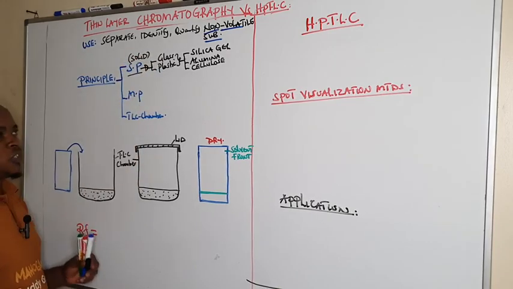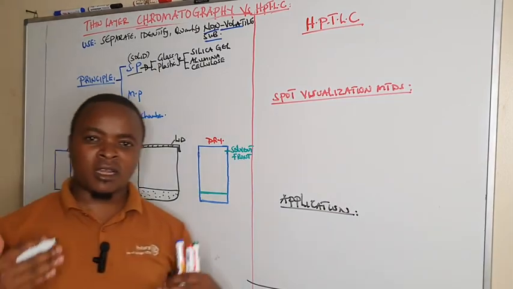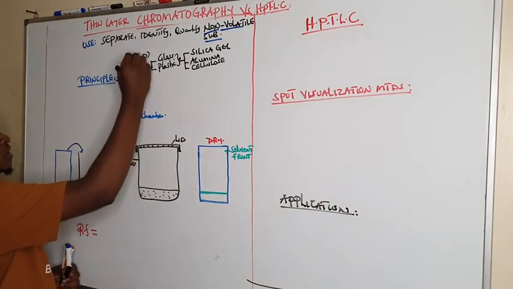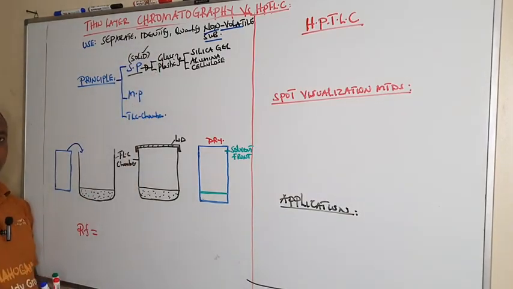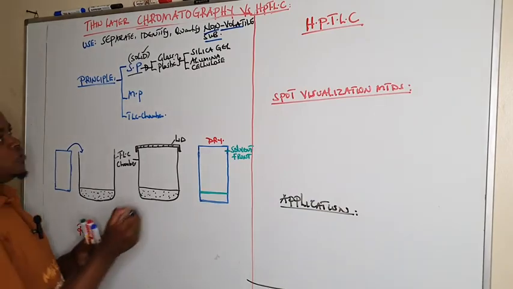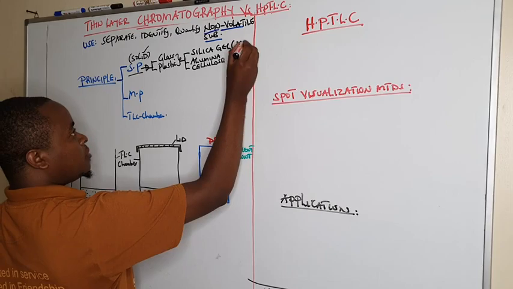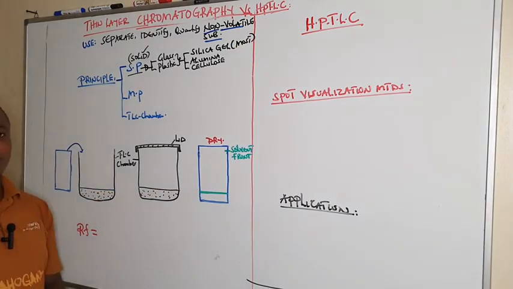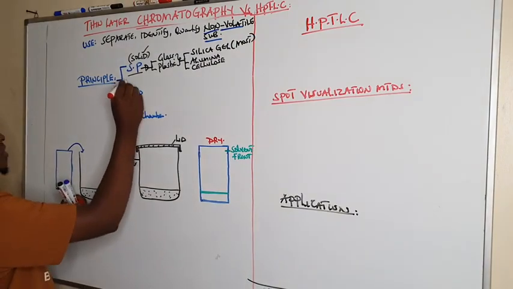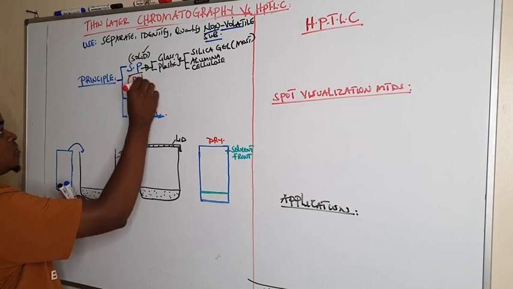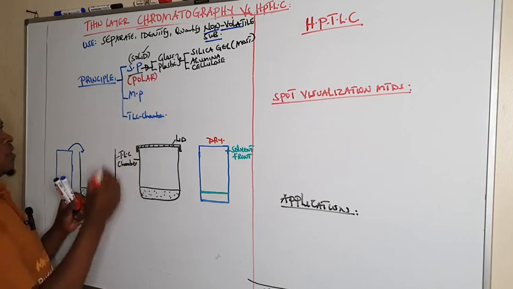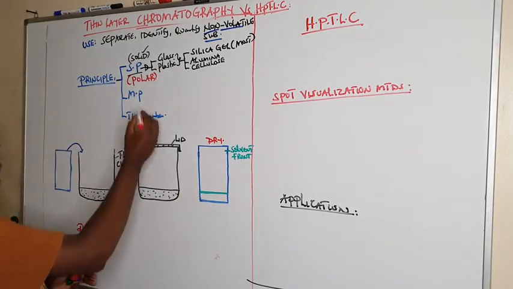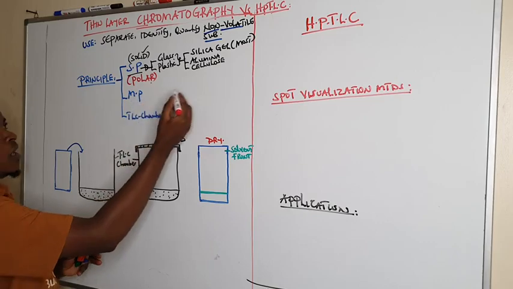It is solid in nature, so it is going to work under the principle of adsorption. And don't forget that the most commonly used is silica gel. The solid phase should be polar. The silica gel, the alumina, and the cellulose are all polar.